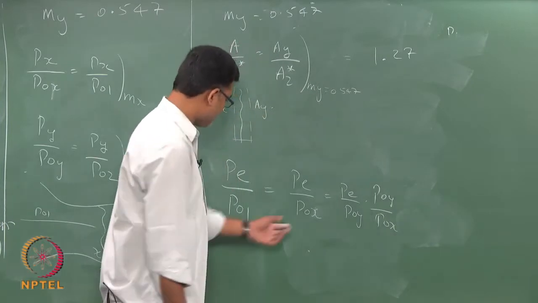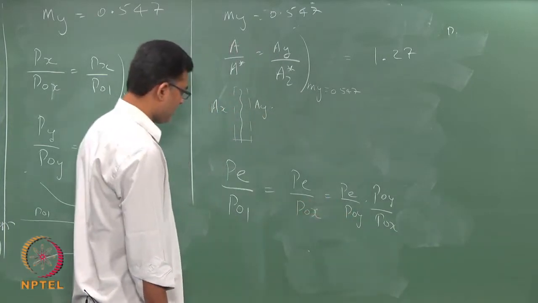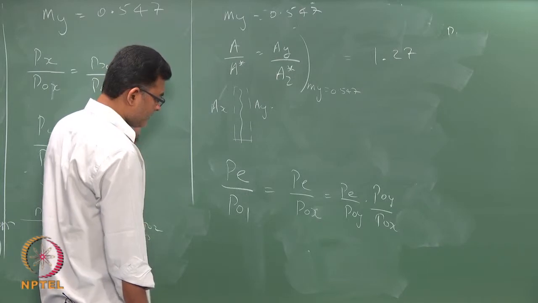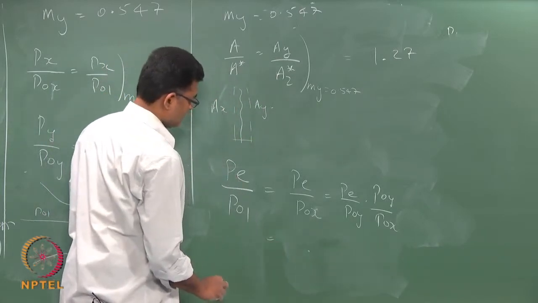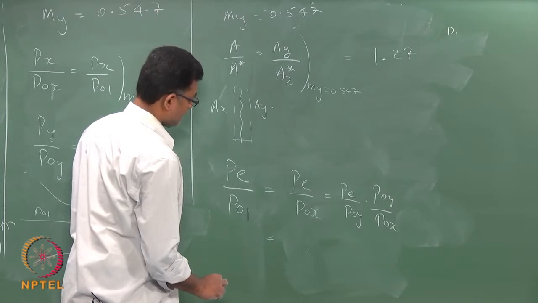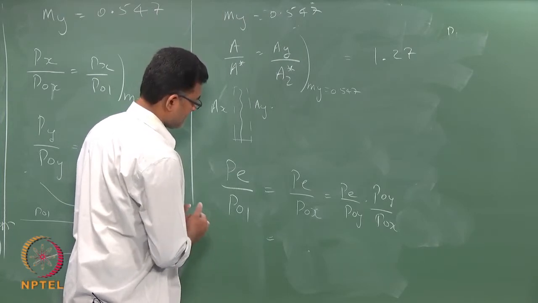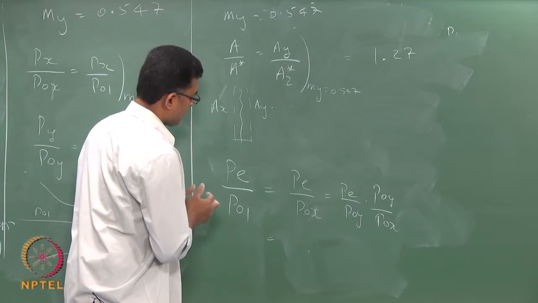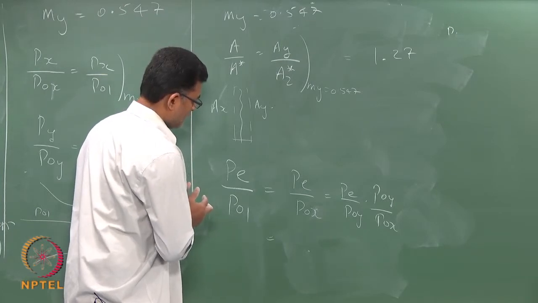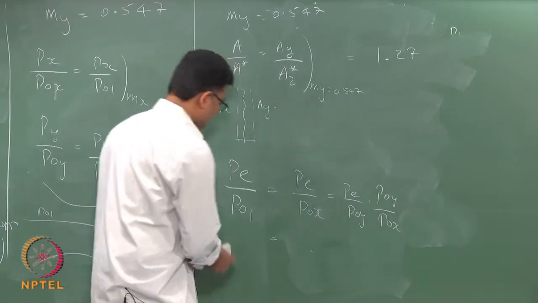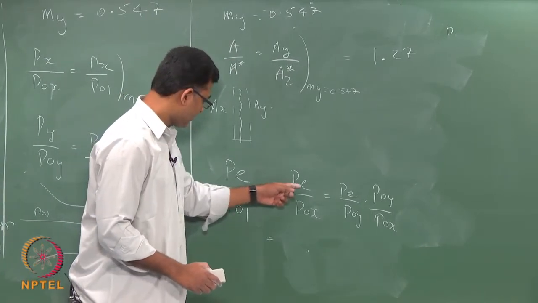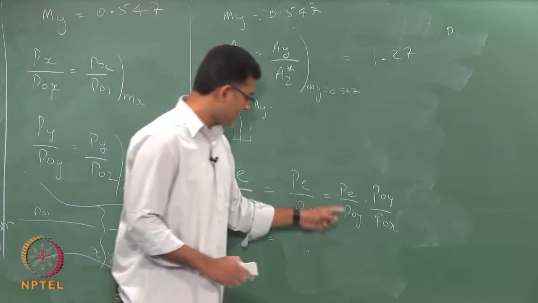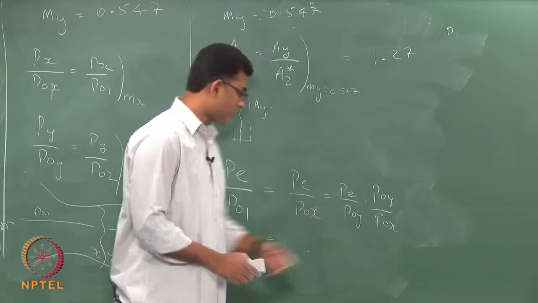So I can rewrite P0x in this particular form. I know this pressure ratio P exit by P01 as P exit by P0y into P0y by P01, which I rewrite in this particular form.